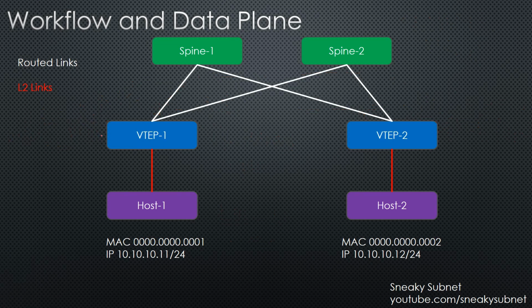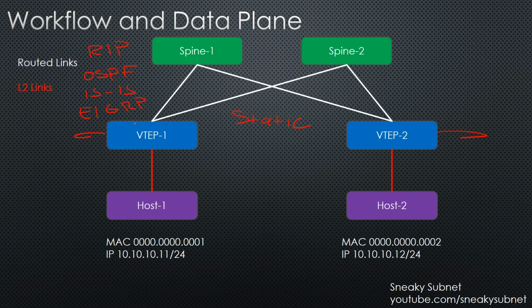In order to establish connectivity between these loopbacks, we will use routing. It could be OSPF, it could be ISIS, it could be EIGRP, it could be RIP, it could be static routes. It doesn't really matter.